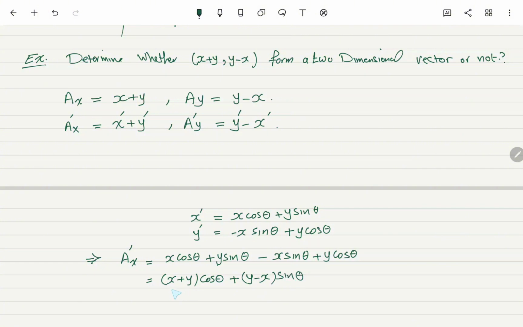Therefore, this one here is actually ax and this one here is actually ay.